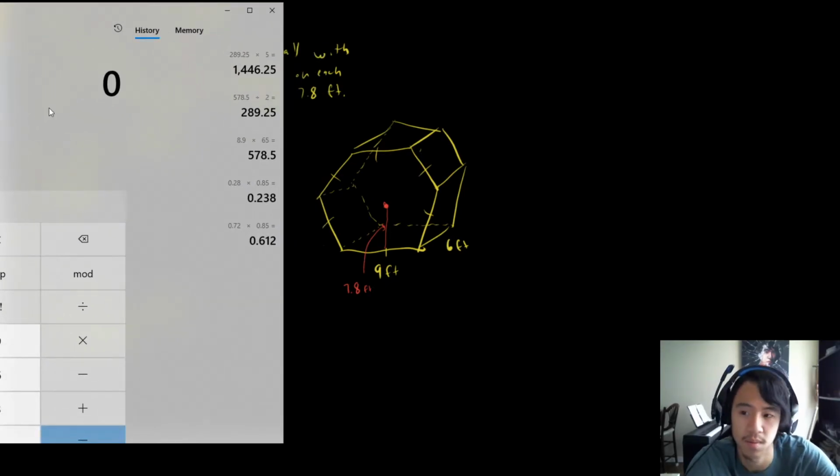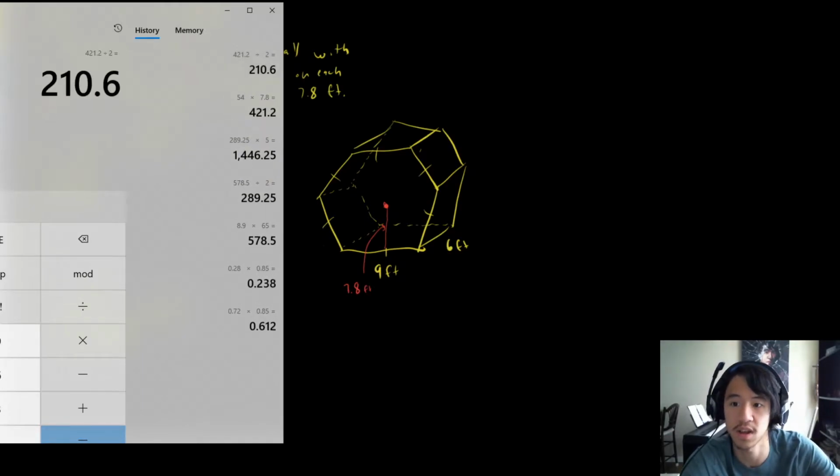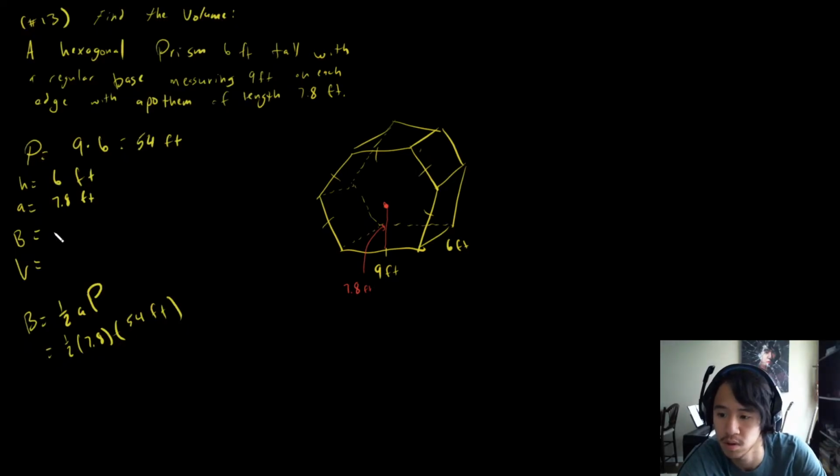We had 54 times 7.8, and then that divided by 2. So we have 210.6. This is going to be feet squared.